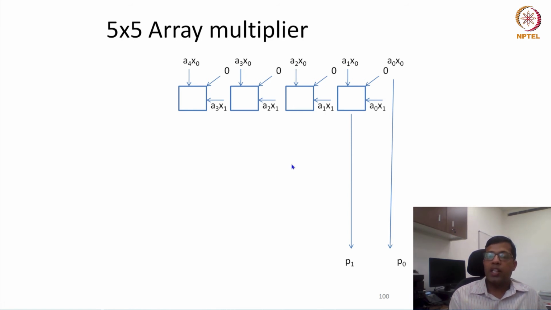Here, using one layer of addition, we are able to add two partial products: the partial product that results because of x0, and the partial product that results because of x1. These two have been added using one row or one layer of my full adder.